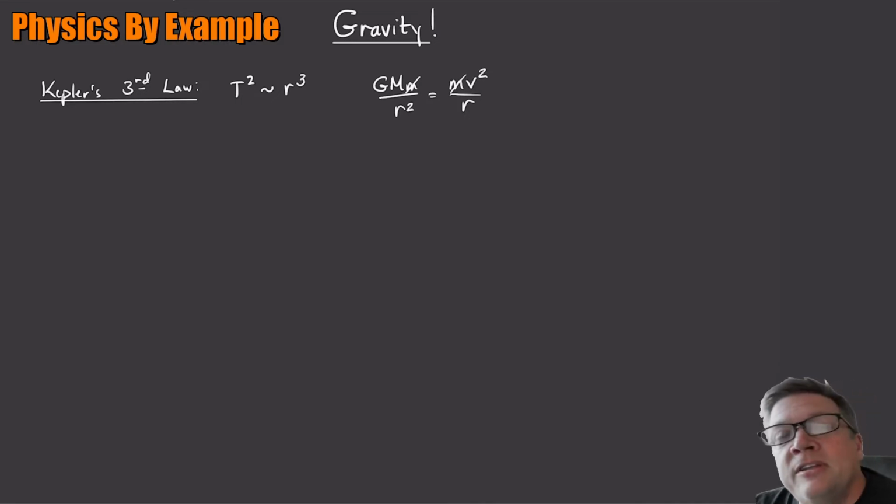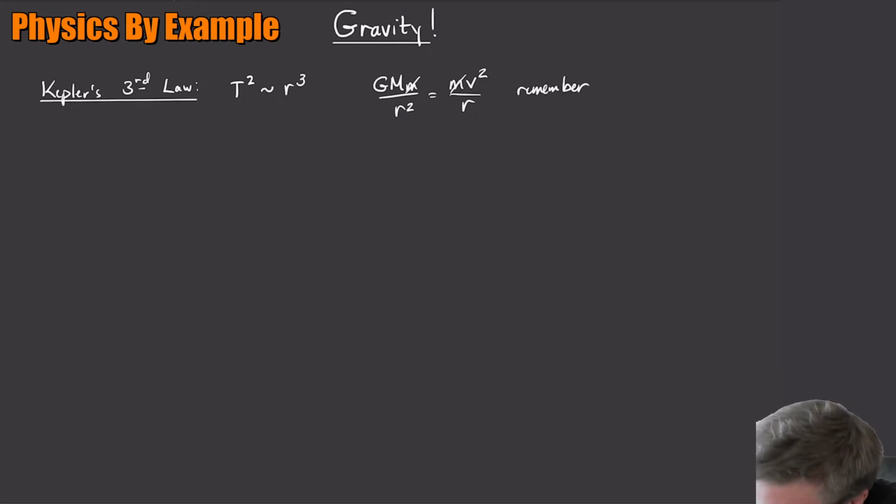And then we're going to use something that we used last time. Remember that speed, another way I can write down speed is just distance over time. So if something is orbiting, what distance does it go in one orbit? It goes the circumference, 2 pi r.